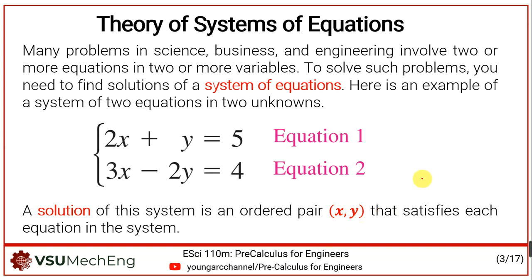If we have three equations with three unknowns, the format of our ordered pair will be x, y, and z. These values should satisfy each equation in the given system in order for it to be included as the solution of the given system of equations.